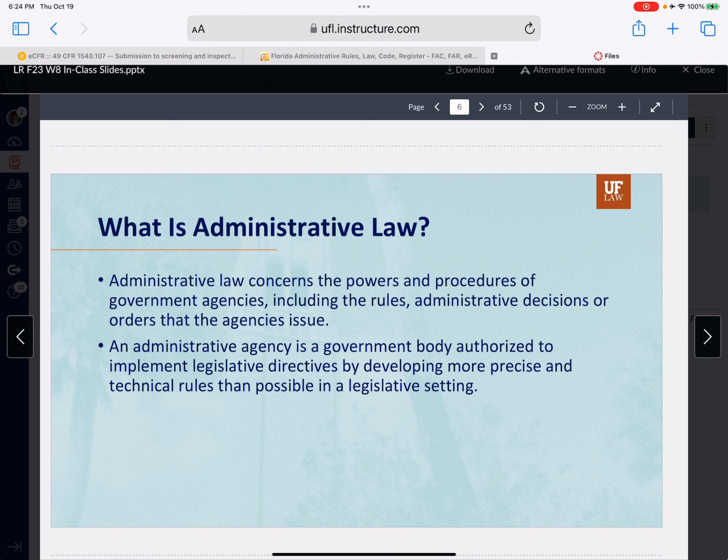So if you think about what your average congressman knows about environmental protection or national security or income tax or endangered species, think about that.